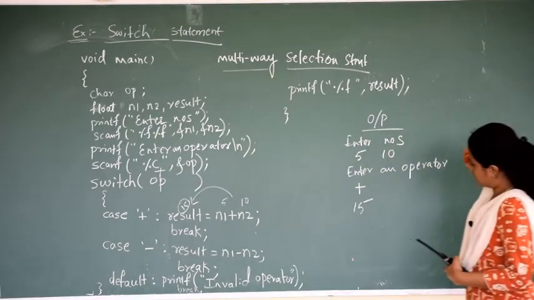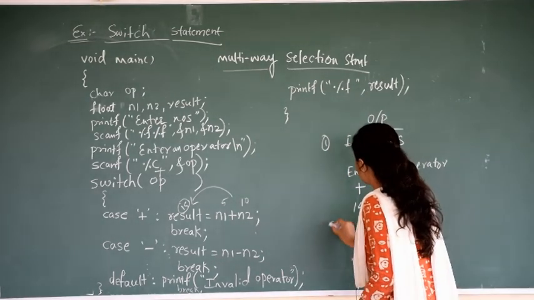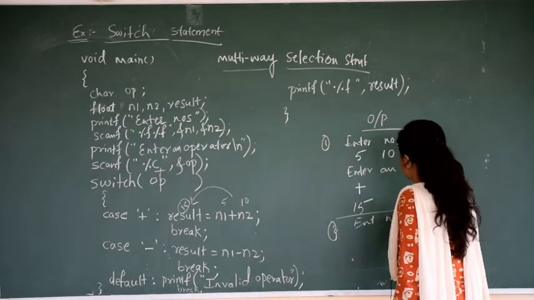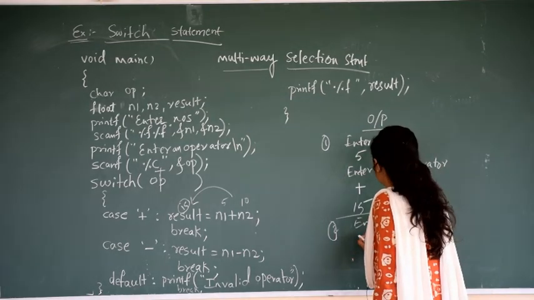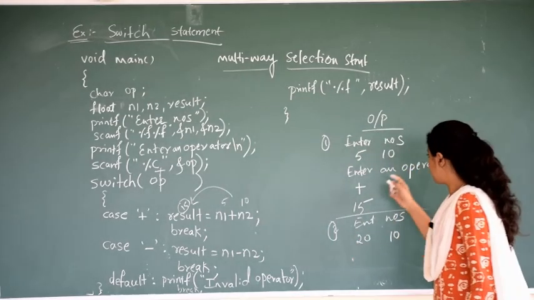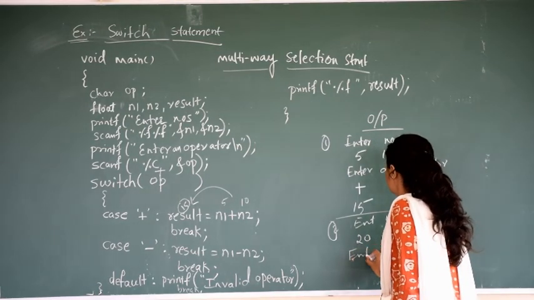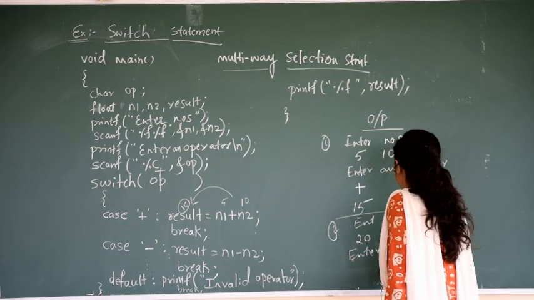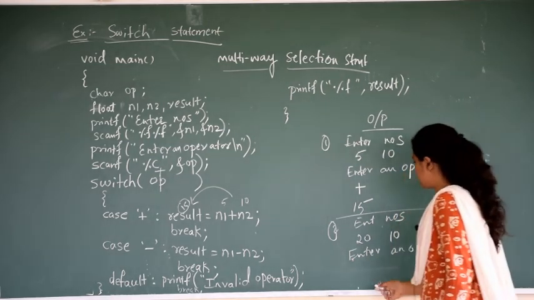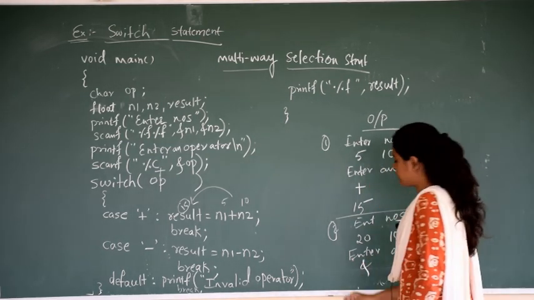Suppose we take one more example in the output. Again it will ask to enter the numbers. I read 20 and 10. After that it will ask to enter an operator. Suppose I enter the operator as ampersand.